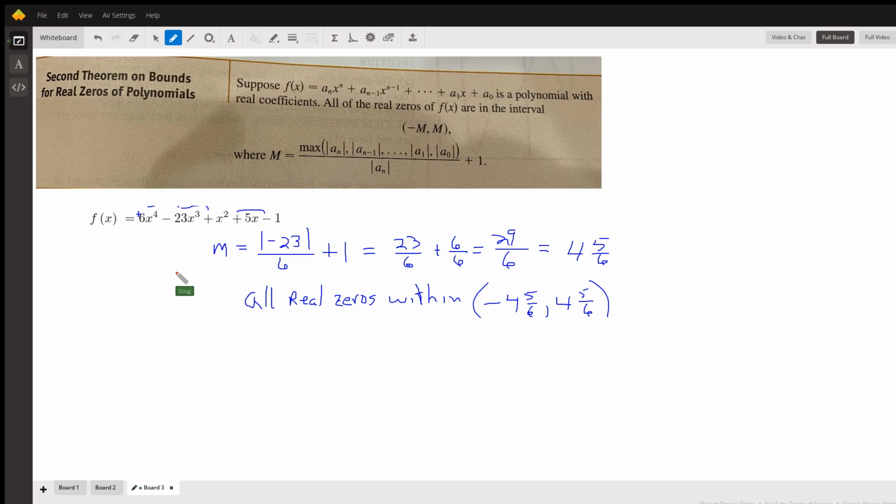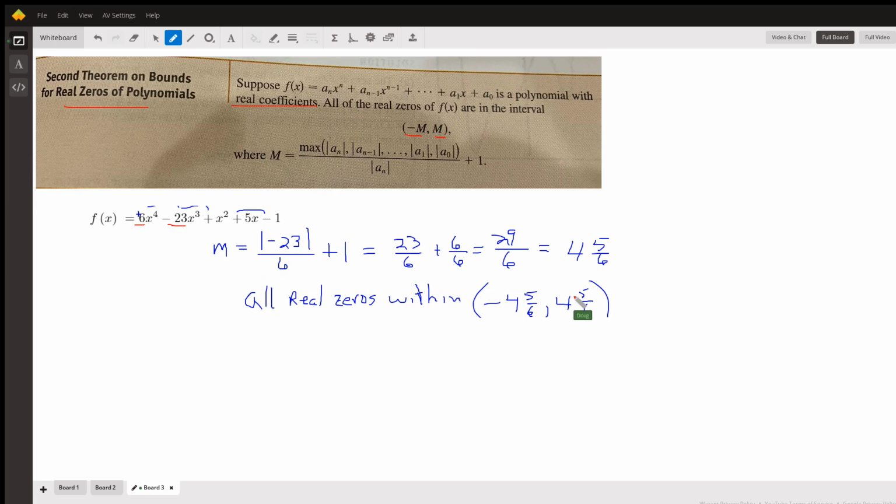On the third board, I meant to do this as our second step here. But there's this theorem that says that if you have a polynomial with real coefficients, all the zeros are in the interval from negative M to M, where M is whatever this is. We want the maximum coefficient in absolute value divided by the leading coefficient, and then add 1.